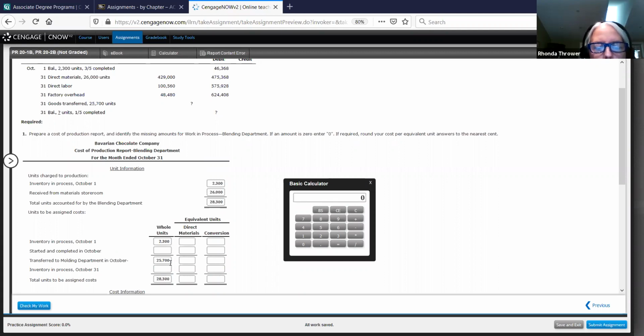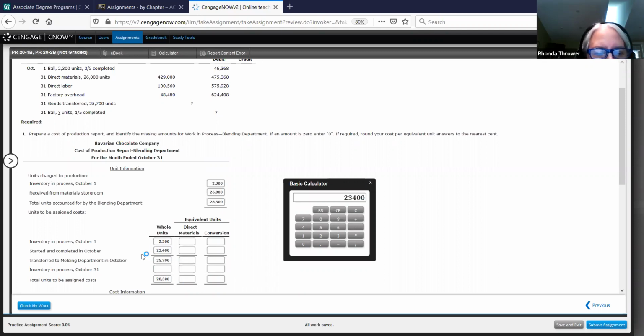I'm going to take the units that I transferred, which was 25,700, and I'm going to subtract from that my beginning inventory units. And what that's going to tell me is what I have started and completed. So 23,400 units I have started and completed.